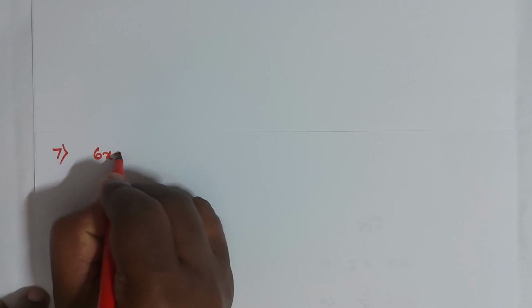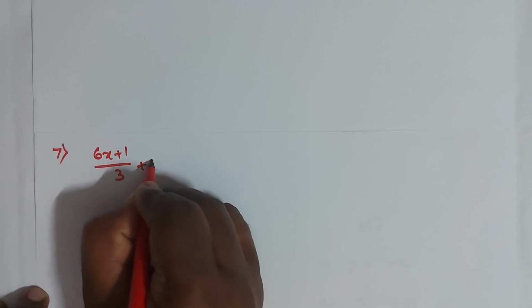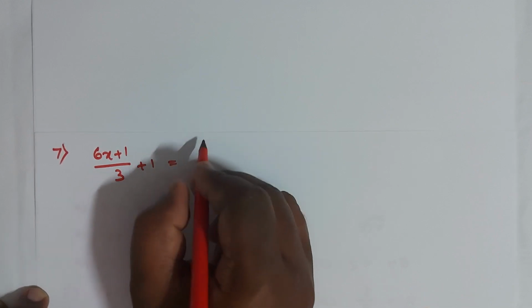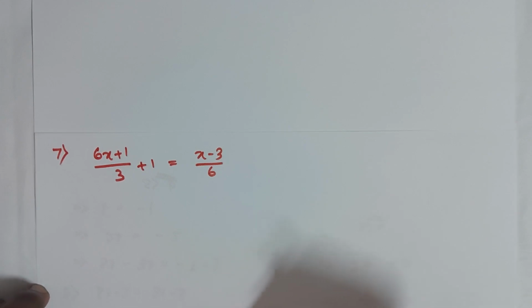Question number 7. Okay. 6x plus 1 by 3 plus 1 equals x minus 3 by 6. Then the value of x.